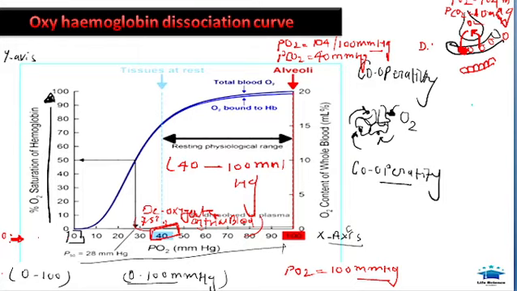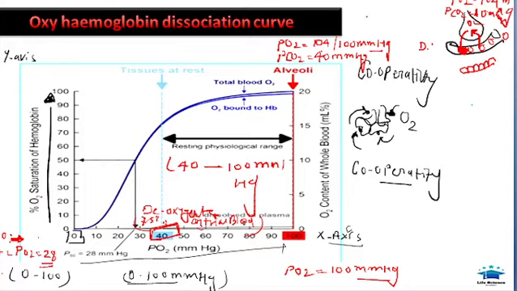At this point, the pressure of oxygen will be approximately 28 mmHg. This is the normal range. So at that time, 50% of the oxygen molecules will be unloaded.